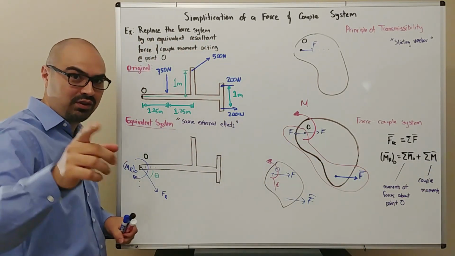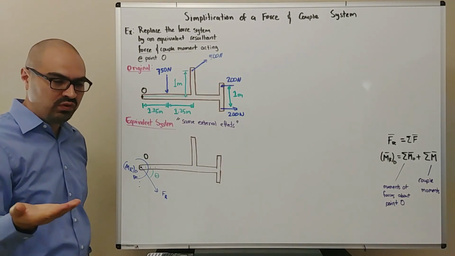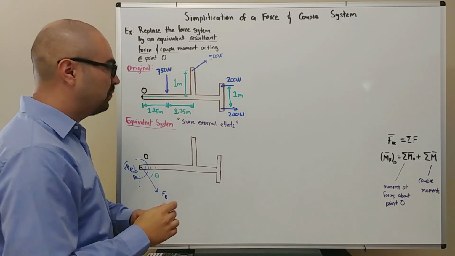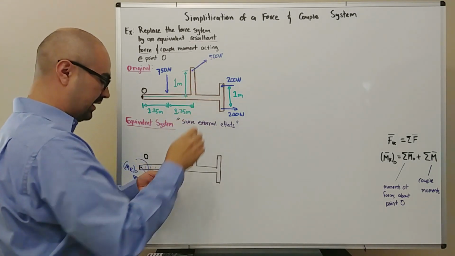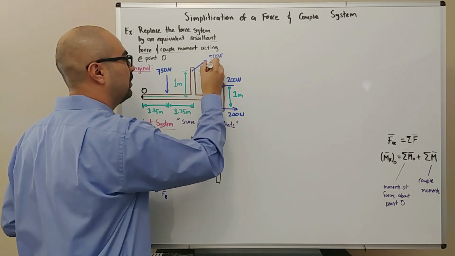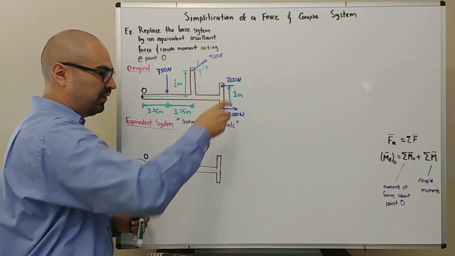So let's go ahead and start. To calculate the resultant force, we just have to sum the forces. This is a 2D problem, so we're going to sum forces in the x and the y direction. We have a vertical force, something here at an angle, and I forgot to add the direction here: this is 3, 4, 5. And then these two horizontal forces.